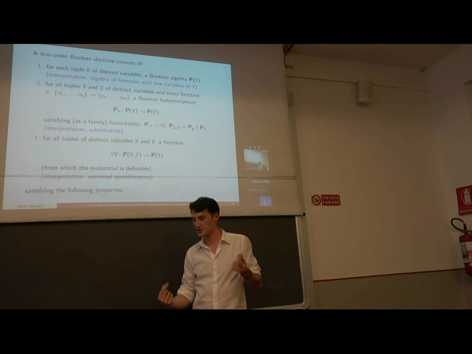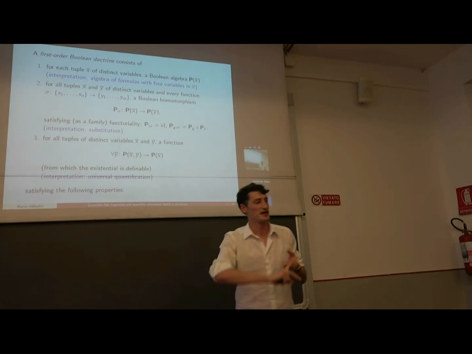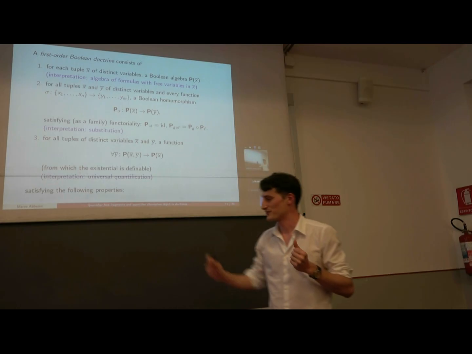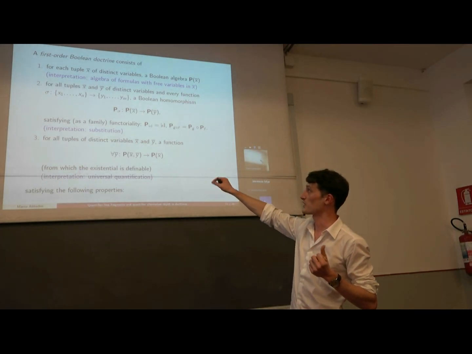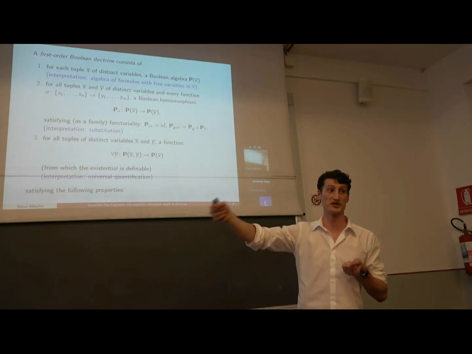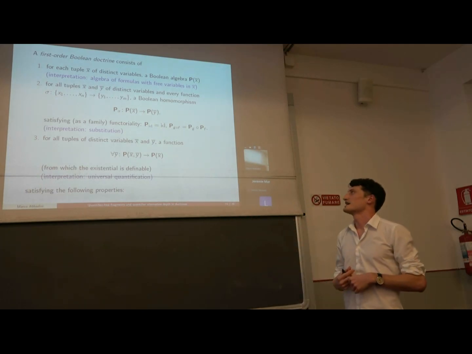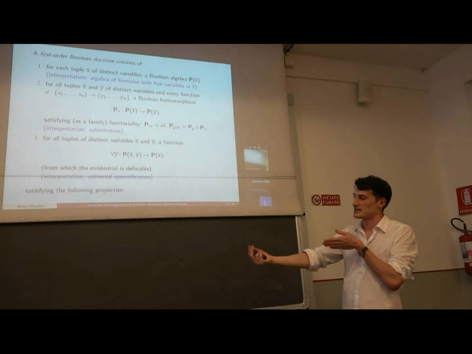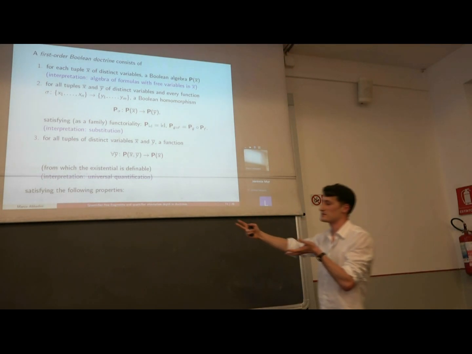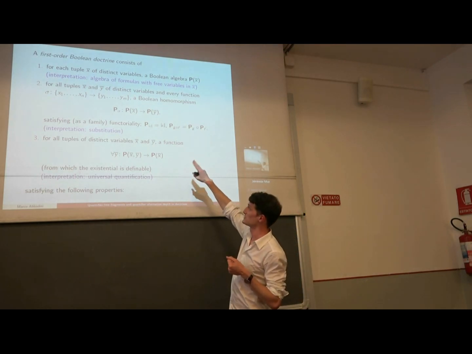These are the substitutions: for all two tuples of distinct variables x and y, and every function from the set of variables x1, ..., xn to y1, ..., ym, we have a Boolean homomorphism. And all these Boolean homomorphisms satisfy functoriality. Namely, they behave well with respect to composition and identity.